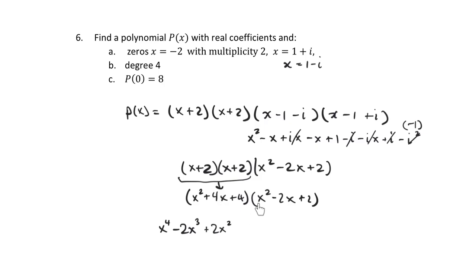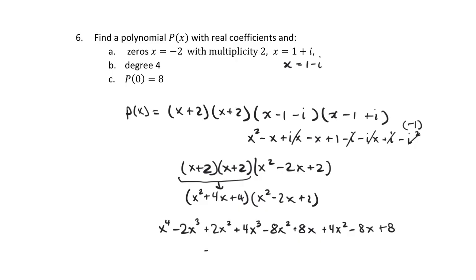And then the 4x multiplied by everything there is going to give 4x to the 3rd, and a minus 8x squared, and a positive 8x. And then finally, the 4 distributed to everything there is going to give a 4x squared, and a negative 8x, and a positive 8.